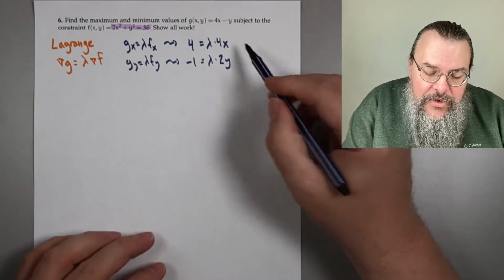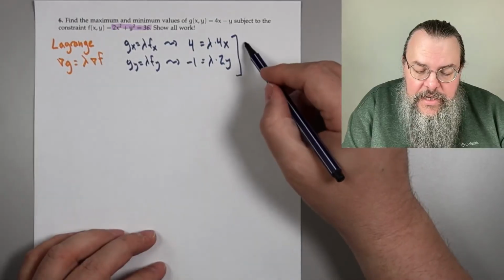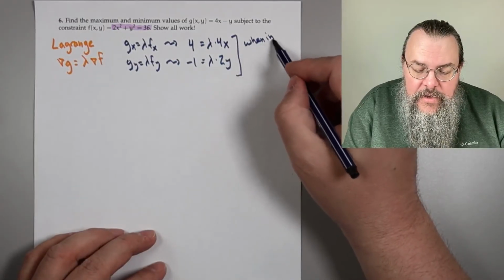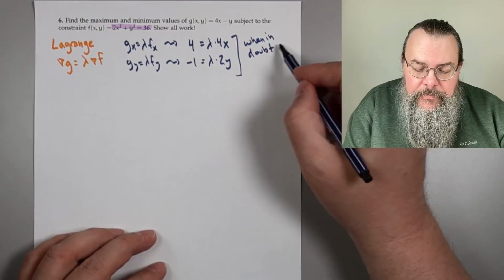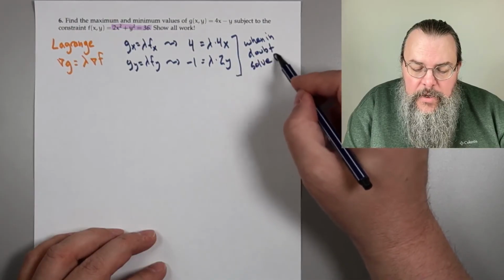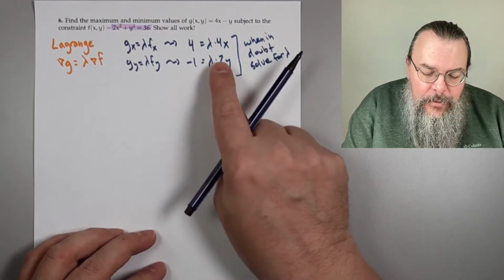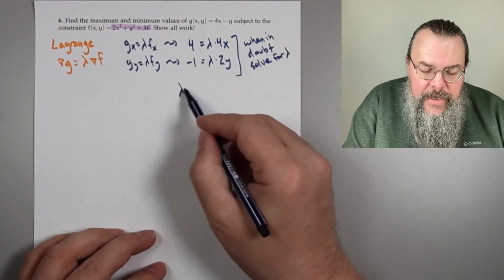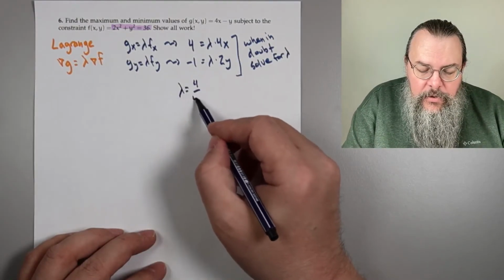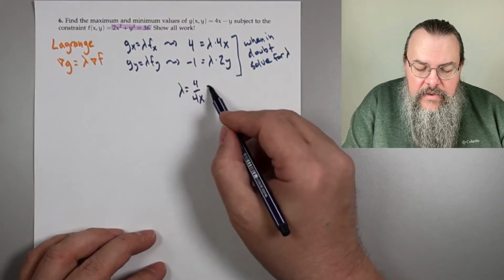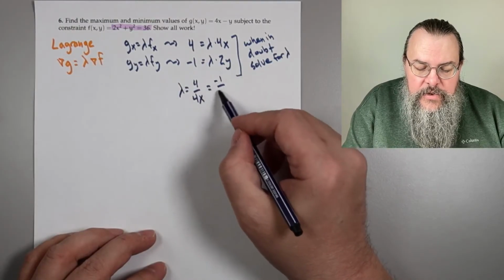There's a mantra I like to use, which says, when in doubt, solve for lambda. And why? Well, it works really well. So here, what would we have? From the first equation, lambda would be 4 over 4x. In the second equation, we'd have minus 1 over 2y.